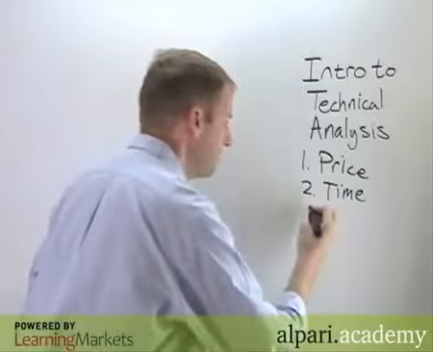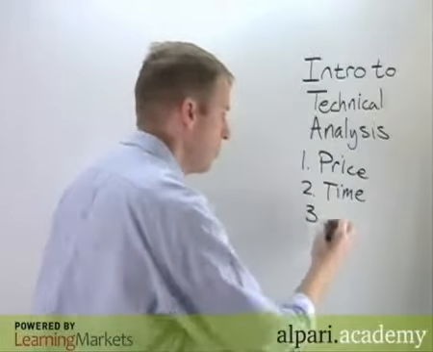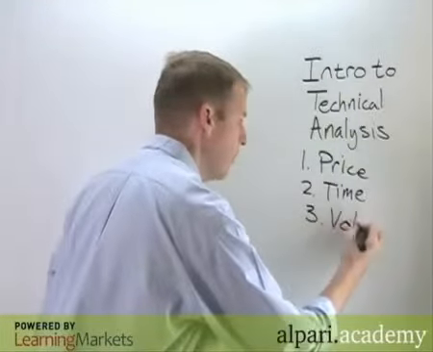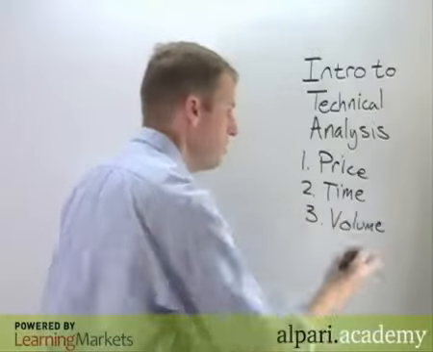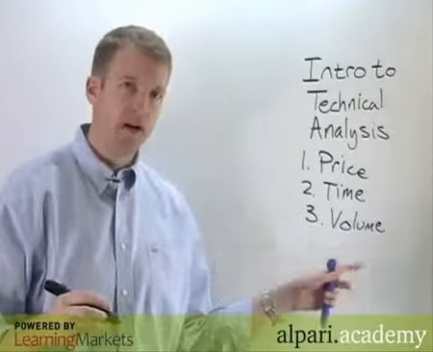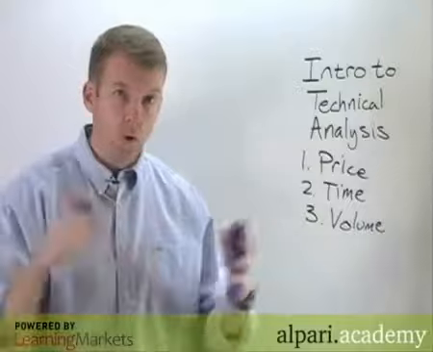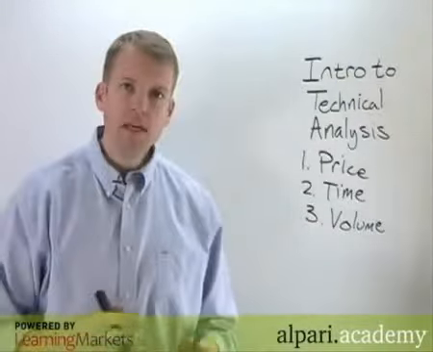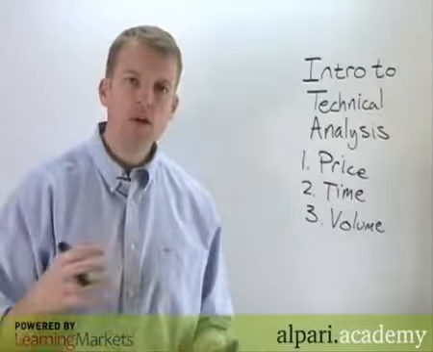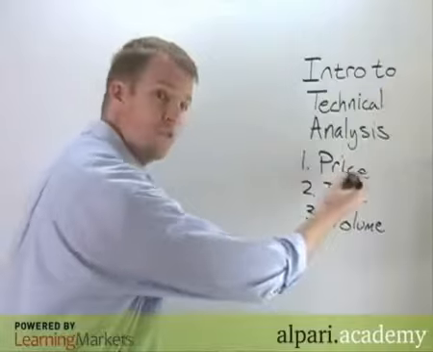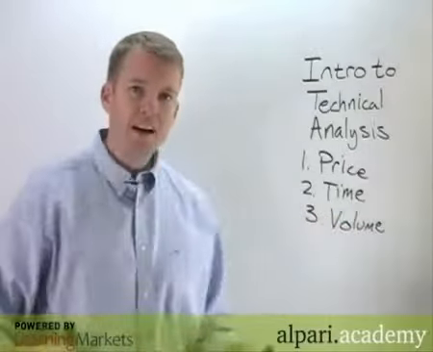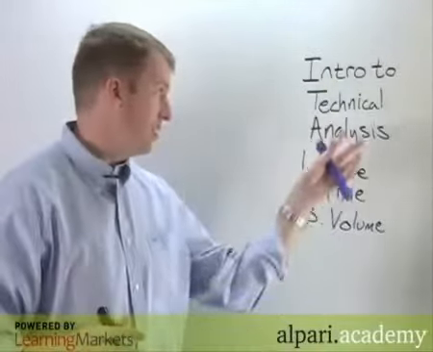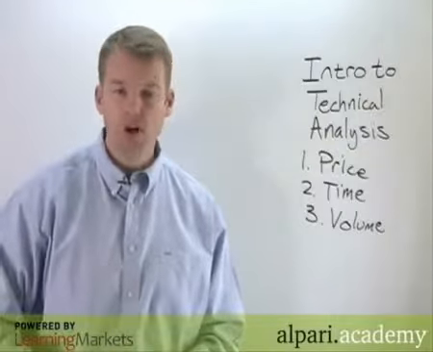And then oftentimes, especially when you're doing intermarket analysis, we look at volume. That means how much trading is going on. We may be looking at the actual quantity of trades that are going through, as well as just looking at the volume of news stories, the volume of attention that's being paid to a particular exchange rate as it moves over time.